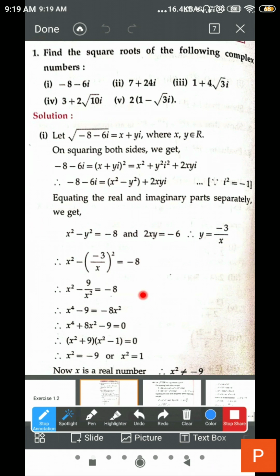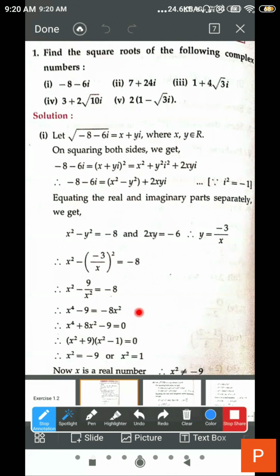Then multiply throughout with x square, to every term, to remove the denominator x square. Then x square into x square will be x raised to 4. Now x square into 9 upon x square, the term will get cancelled and only 9 will remain, and to the minus 8, when the x square is multiplied, the term will be minus 8x square.